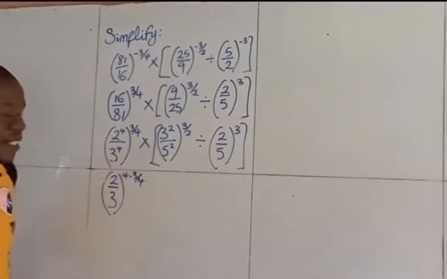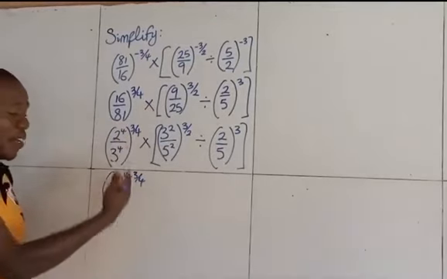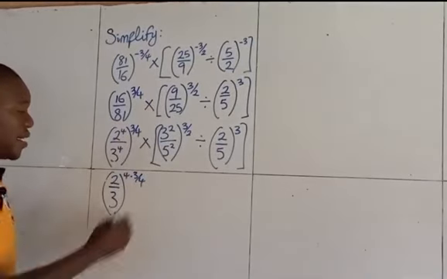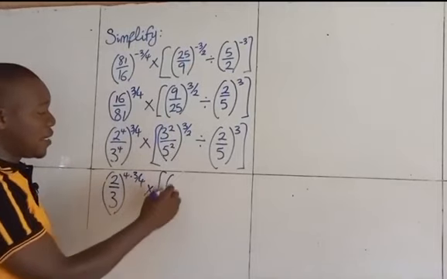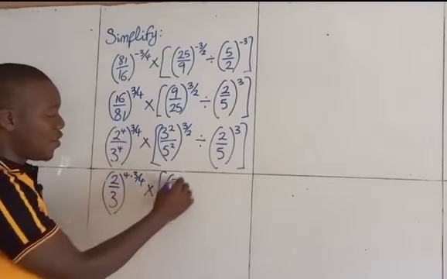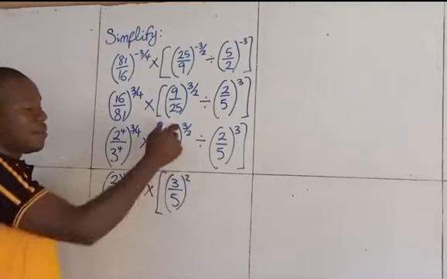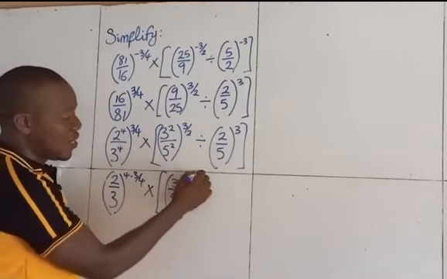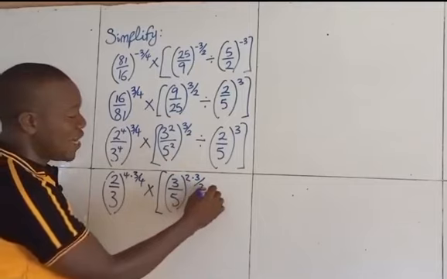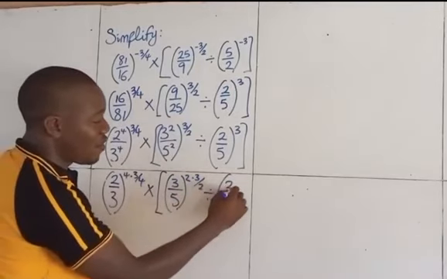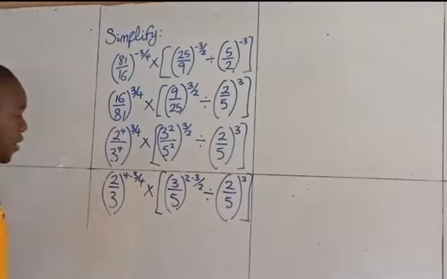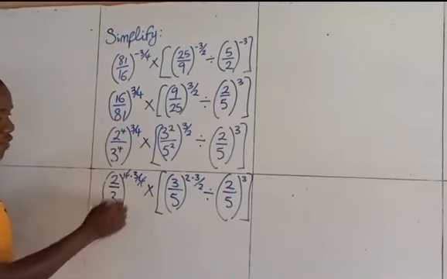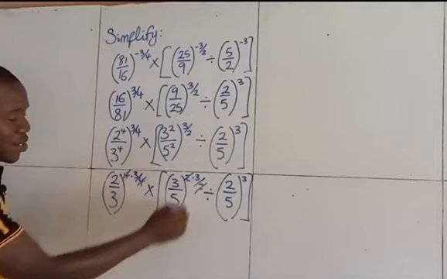In the laws of indices, when you have a power, another power, you can multiply the two powers together. Times, we have a common power here, so we can bring it out: 3 over 5 all raised to the power 2. And we can multiply with the next power 3 over 2. Then divided by 2 over 5 raised to the power 3. So when we multiply this, 4, we cancel 4, and 2, we cancel 2.